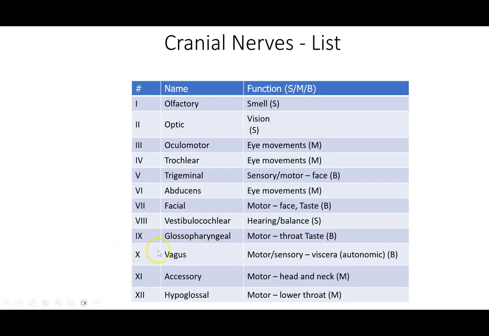Cranial nerve number 10, the other one that you need to know for lab, the vagus nerve. This is both motor and sensory within the autonomic nervous system. So those automatic responses of the viscera. We'll talk a bit more about this nerve in our last bit of lecture material next week when we do the somatic and autonomic divisions of the nervous system and take a closer look at those.